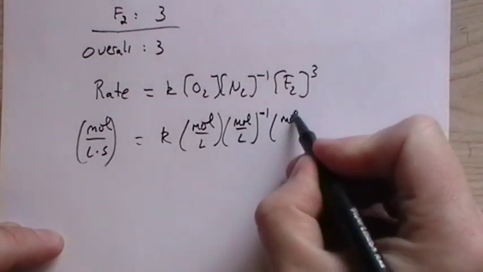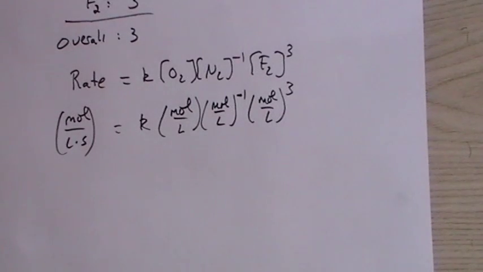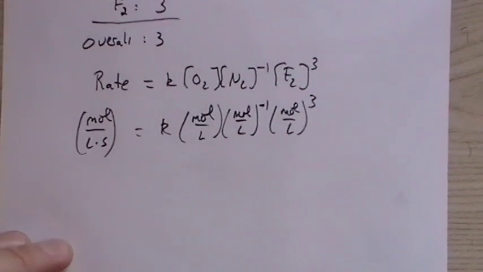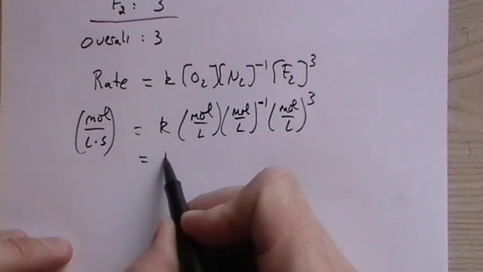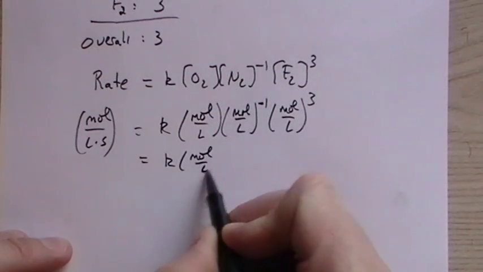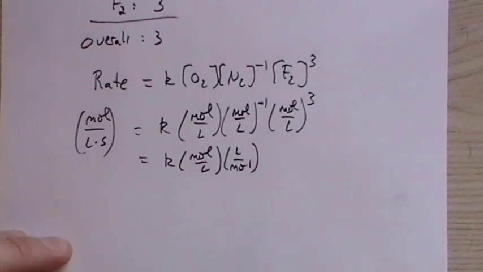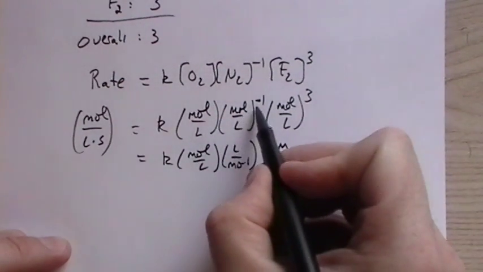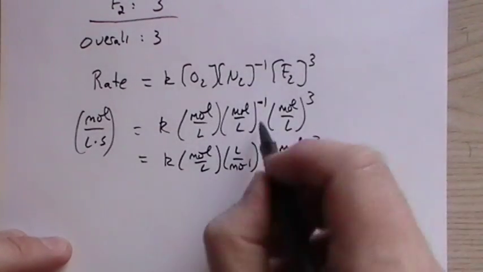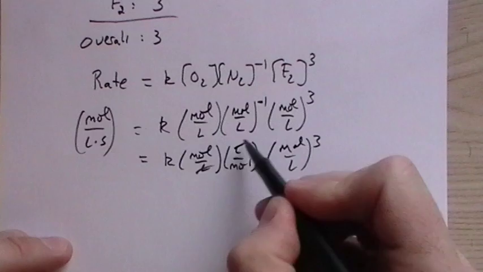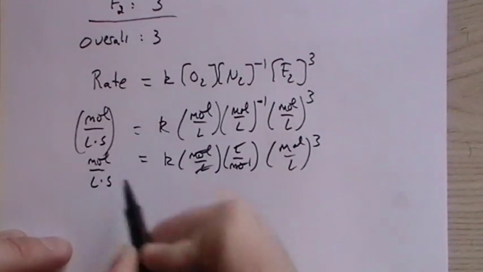You're going to have to cancel, so it'll be easier to do that if you have them separated out. Now this term, if we rewrite it, that'd be the inverse, so we just take the reciprocal. Now this term is the same as this. Just got rid of that negative by flipping it. So these cancel. And this is still moles per liter per second.